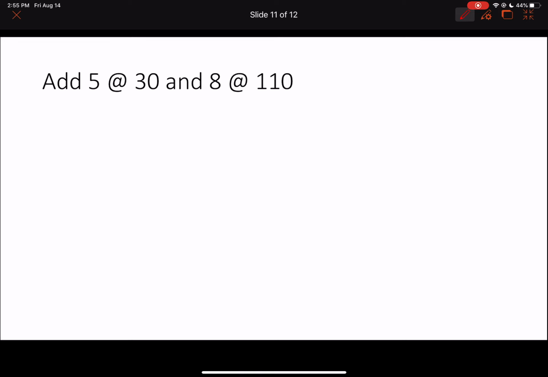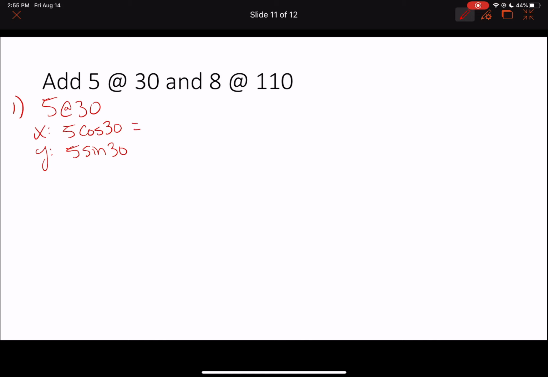So let's try it. We're going to add 5 at 30 degrees and add 8 at 110 degrees. So first step, get to component form. 5 at 30. Well, we're going to do 5 cosine 30 for x, and our y component is going to be 5 sine 30.